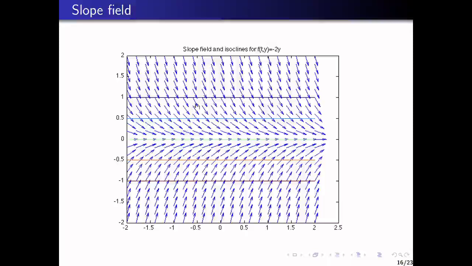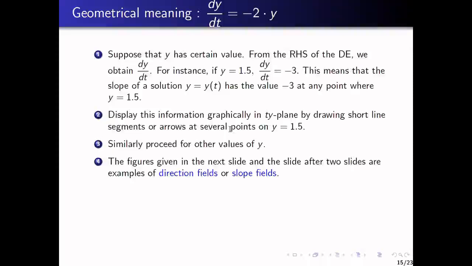So in this way you can draw several short arrows, which give the slope according to the differential equation. This figure given in the next slide is called the direction field or slope field. The short arrows throughout the picture are called the direction field or slope field. So that describes the differential equation.